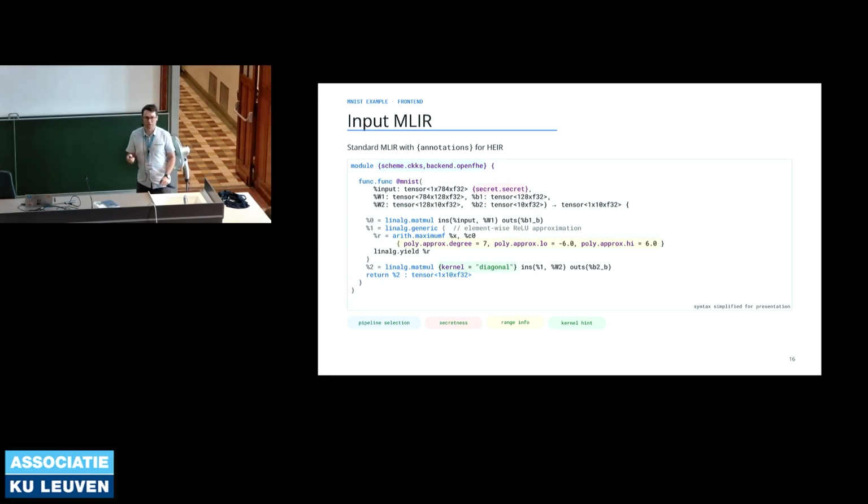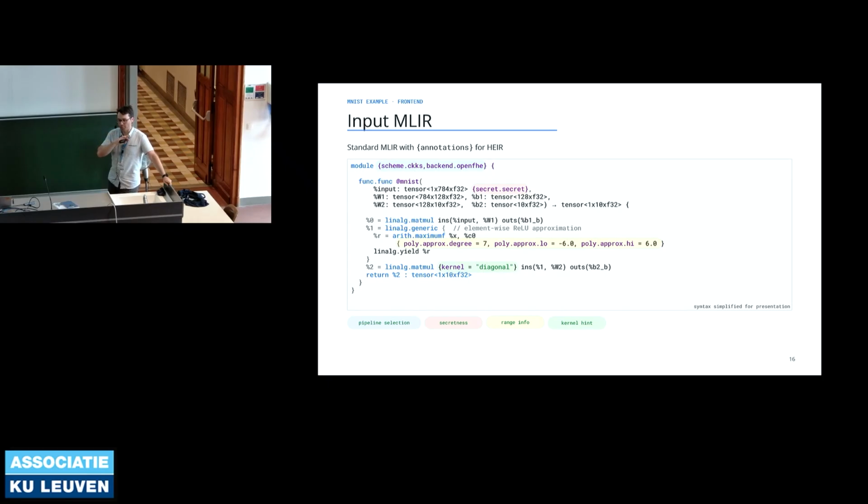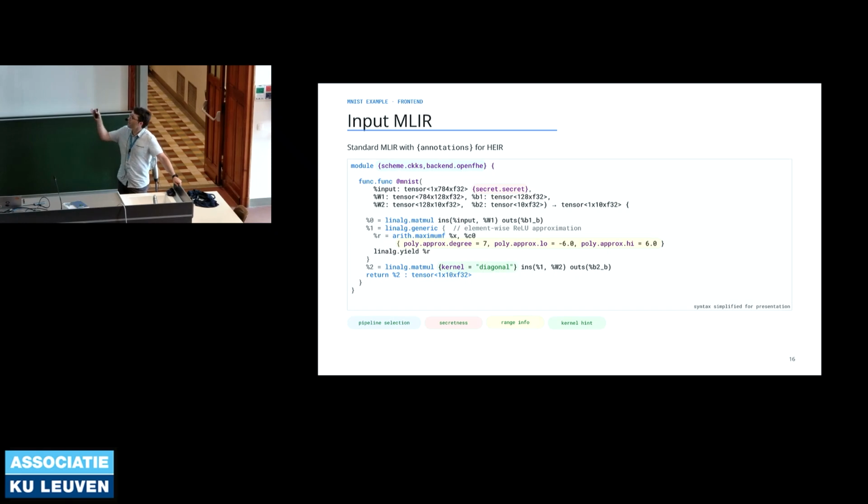What we're doing at Belfort is you push some representative test data through the network, and you can have PyTorch remember the ranges for all the layers. Then you can annotate it, write it in MLIR, and pass it to Hare, and Hare has the information to pick the right polynomial approximation.